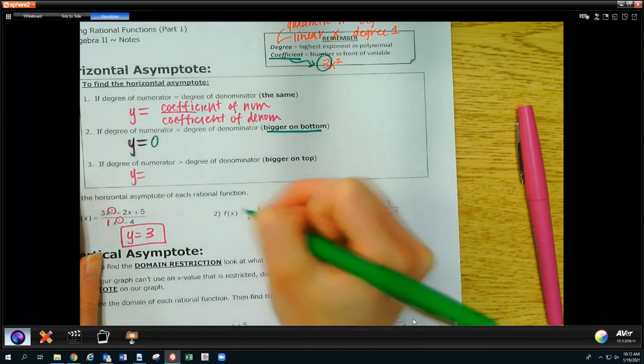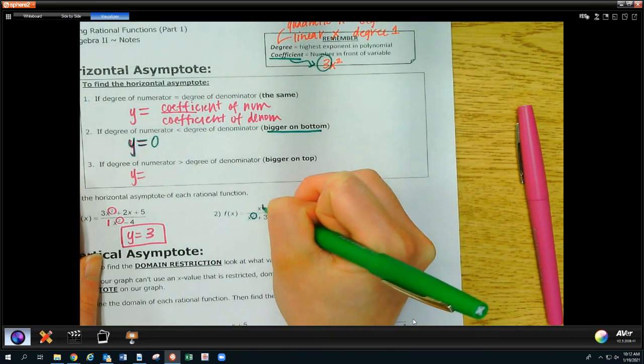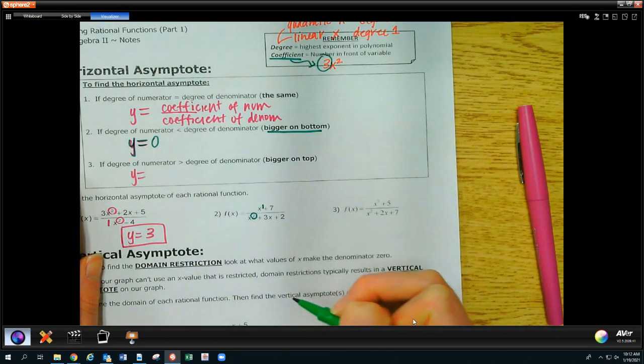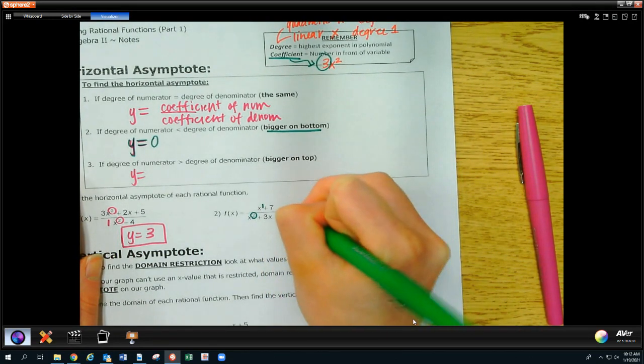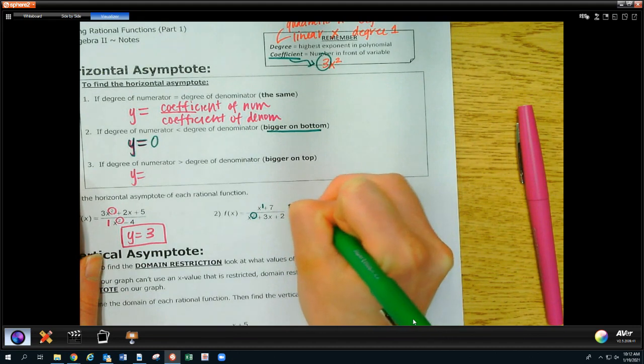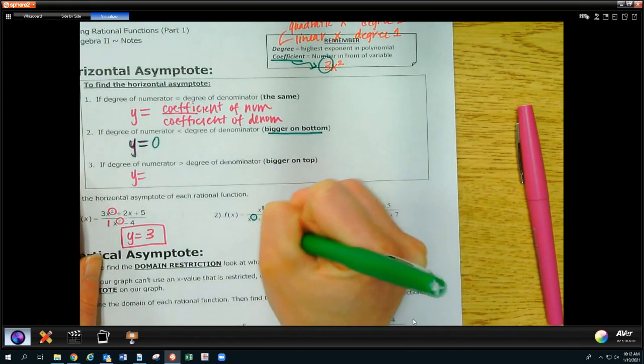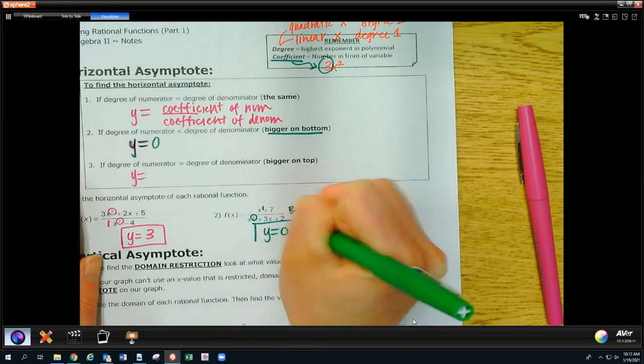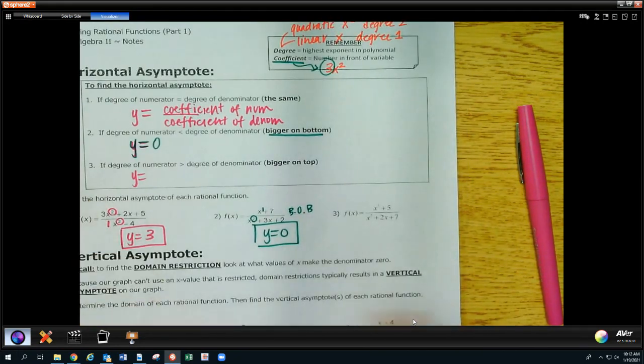Like we have here, a degree 1 over a degree 2, it's bigger on bottom, so y equals 0 automatically, even easier than the other case.